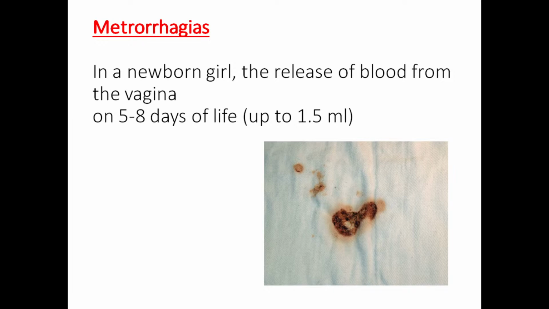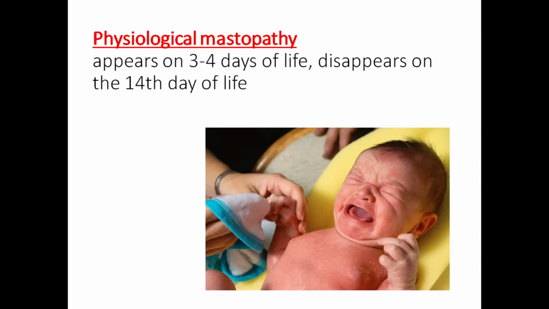It's normal, and the amount of blood is less than 1.5 milliliters. We don't need to treat this condition. We just observe and examine, so as not to miss a more severe condition.